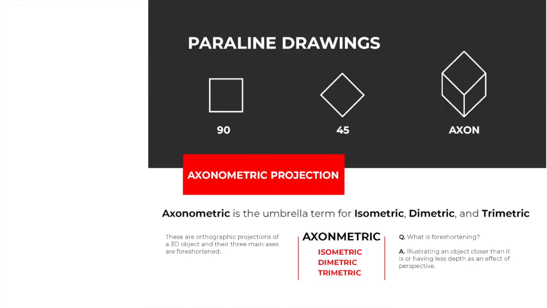Another category, according to Ching, is paraline drawings. We have axonometric drawings, an umbrella term for isometric, dimetric, and trimetric. Foreshortening is illustrating an object closer than it is, having less depth, as in an effective perspective.